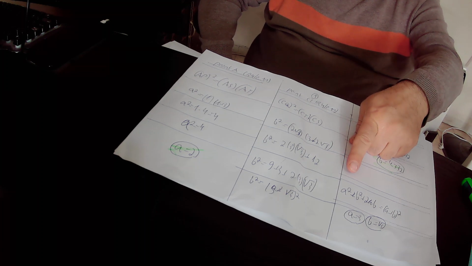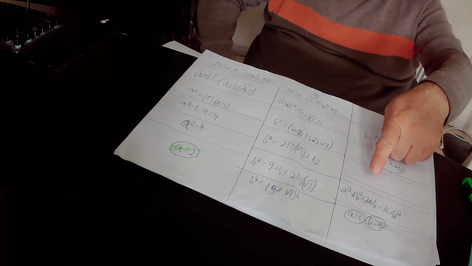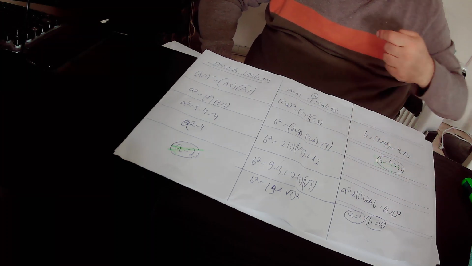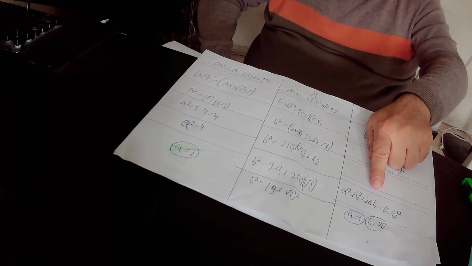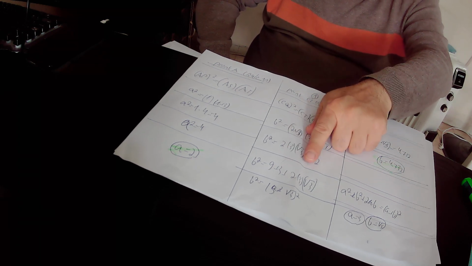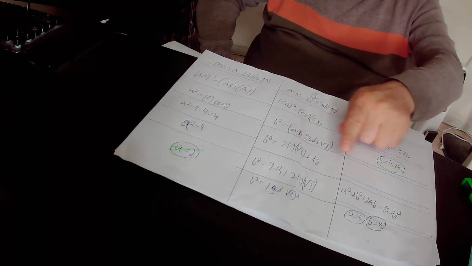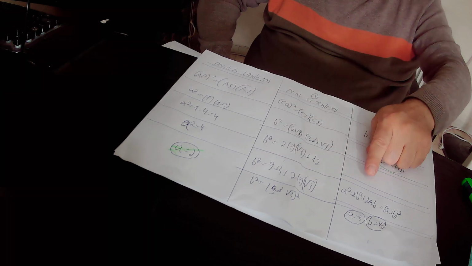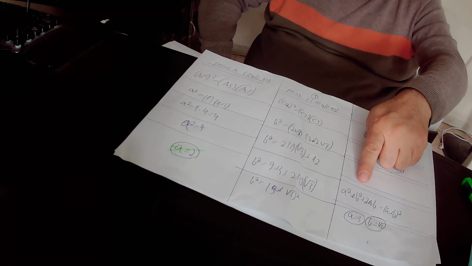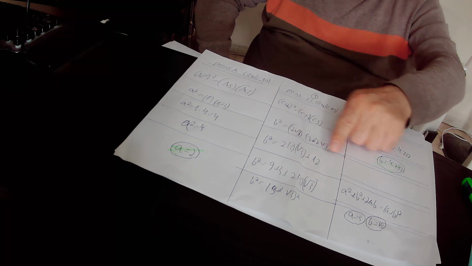we define a in this algebraic identity as 3 and b as square root of 3, we get that a squared plus b squared plus 2ab equals 9 plus 3 plus 2 times 3 times square root of 3. Why? Because if a is 3, then a squared is 9. Here b is square root of 3, therefore b squared is 3, so it is 9 plus 3.